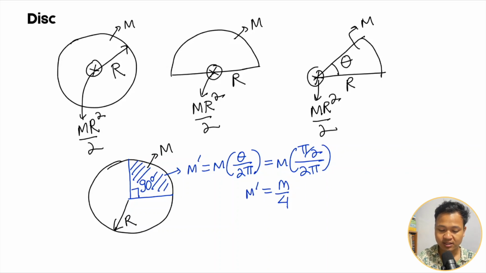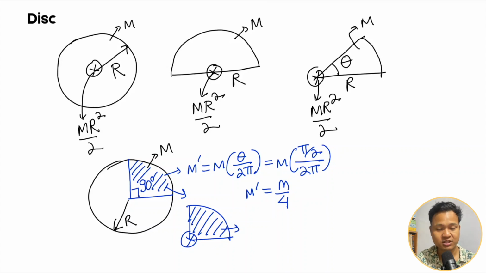Now what is the moment of inertia of this part about this axis? Again it is mr square by 2, but in place of m you have m dash. So m dash r square divided by 2. Putting m dash as m by 4, mr square divided by 8. This is the moment of inertia.